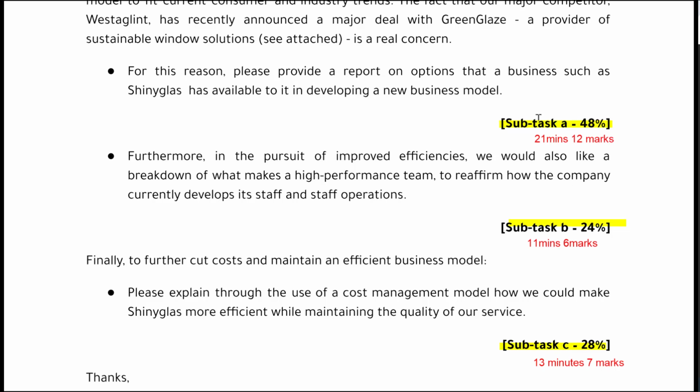So I know I am only going to spend 21 minutes for subtask A. That includes reading it, planning it, writing it. So I want to get a really conclusive answer, full answers in that time, and then I'm going to move on. And I'm going to do exactly the same thing for subtask B and C and the rest of the subtasks through our mini mock, our mock, and our real world exam.